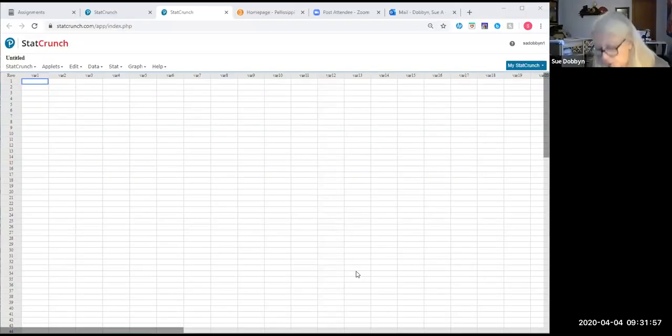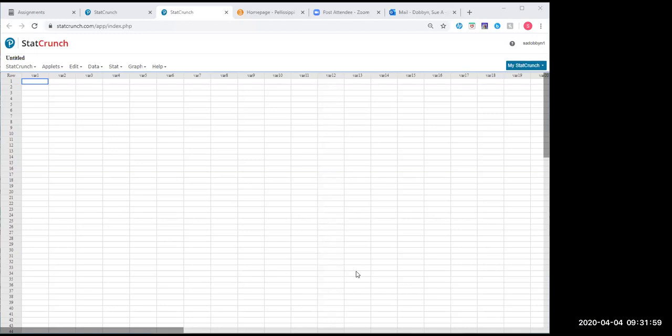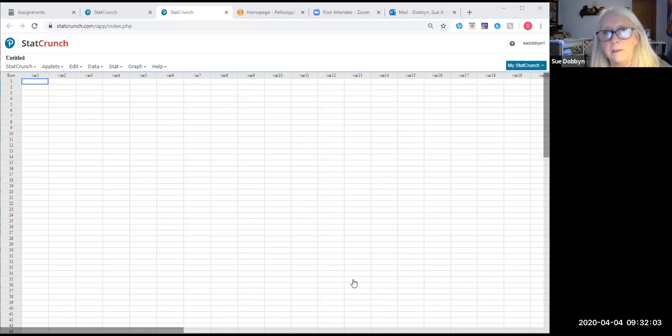Okay, can you guys see the StatCrunch window now? Yes. Okay. Sorry it takes a bit.